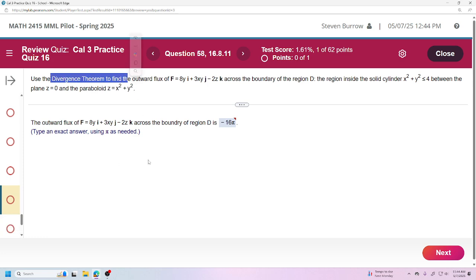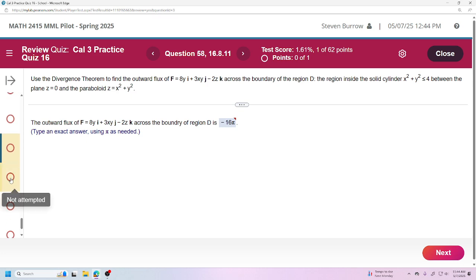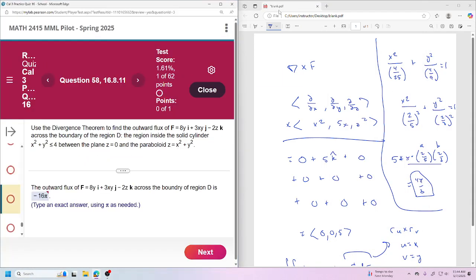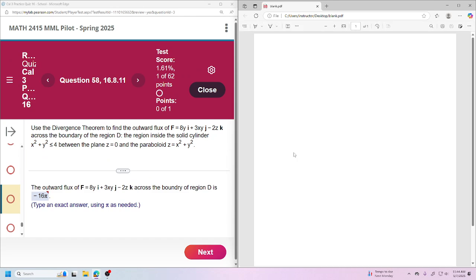Divergence theorem. It says divergence. I find it's happy days because you're just doing a triple integral of volume essentially, right? But I could do this one if you want me to, or the next one. Yeah, let's do it. Okay, here we go. Triple integral of grad dot F dV.